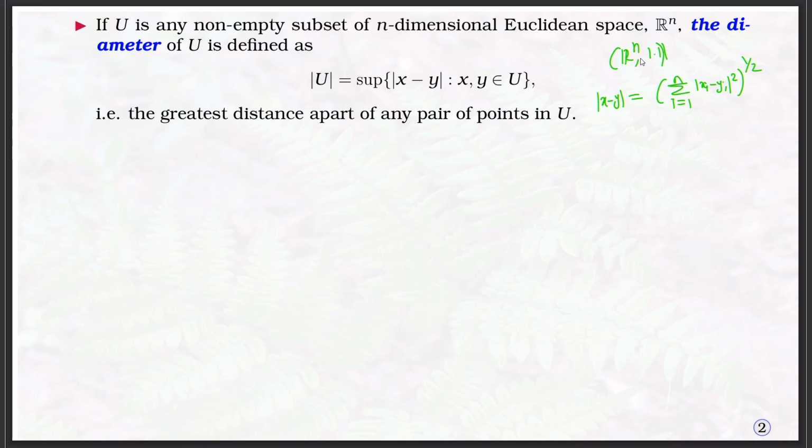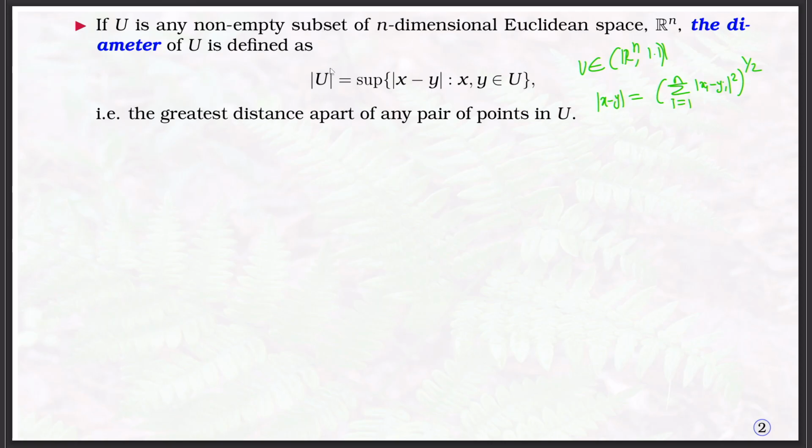The diameter, if you take any element U belonging to this set, is defined as follows: find the distance between all the pairs of elements in the set U and take the supremum.